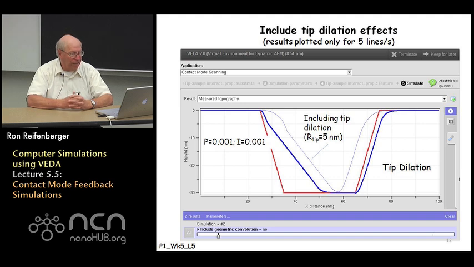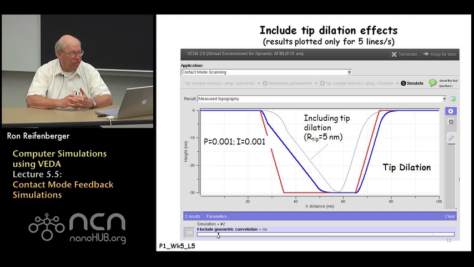So for the last slide in this particular lecture, I turn on this geometric convolution effect. So I let the tip radius come into play. This is done to illustrate what a realistic image would look like.